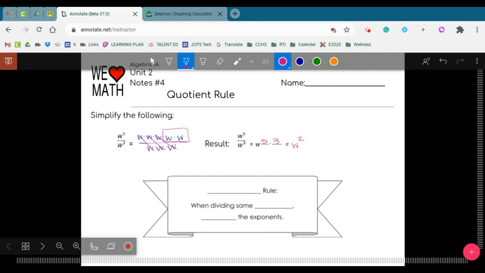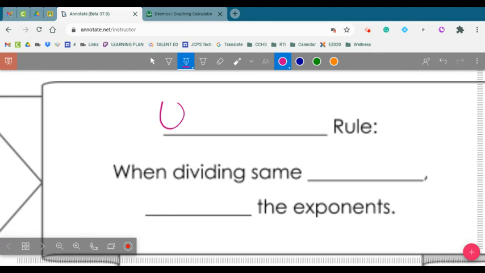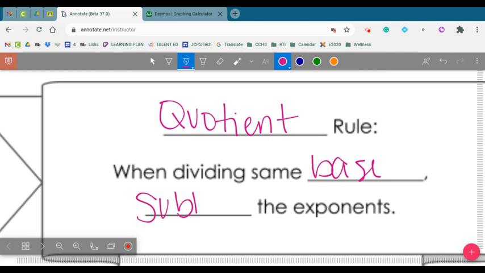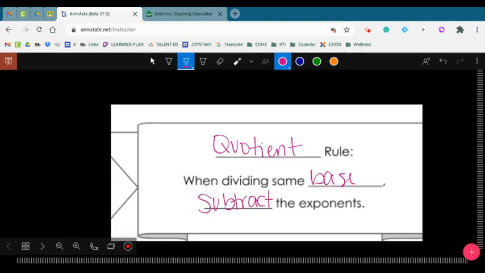So with our quotient rule, whenever we're dividing the same base, we subtract the exponent. This is opposite of our product rule. With our product rule, we added the exponents. Quotient rule, we subtract the exponents.